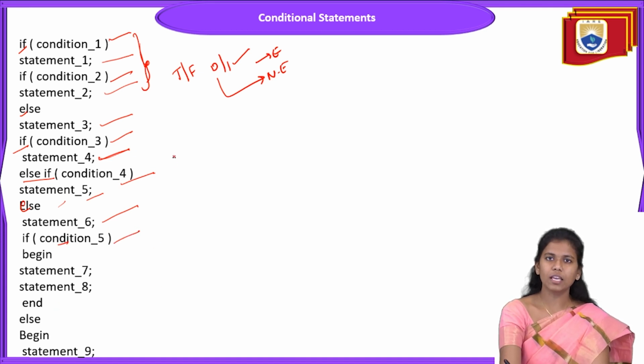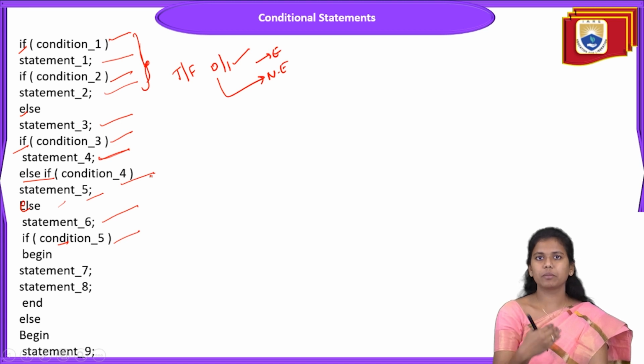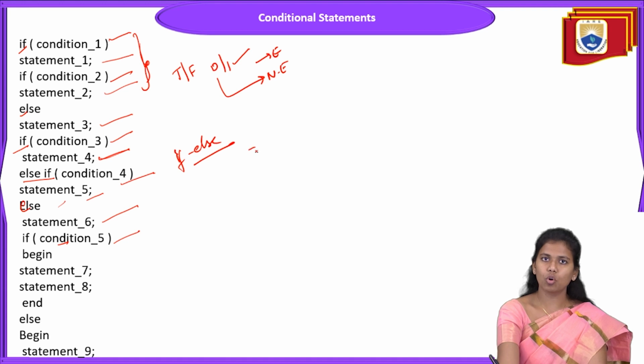So here you will see that some of the statements or conditions are not going as per the sequence. It's all based on the conditions that you are considering. As per the evaluation that you are making, the if else condition goes on.